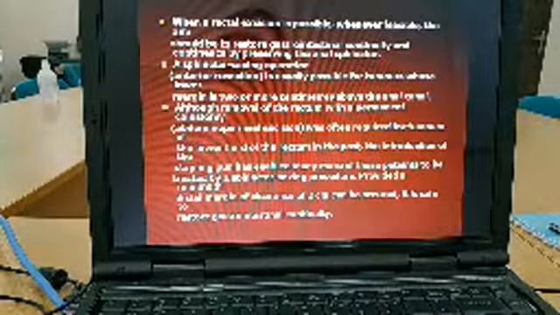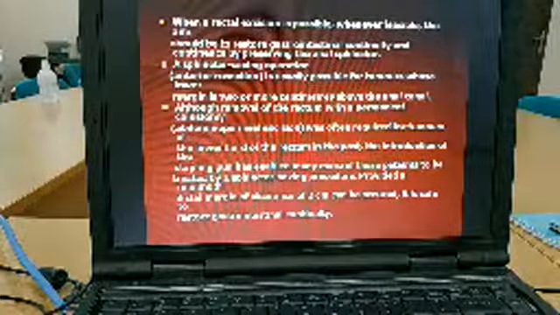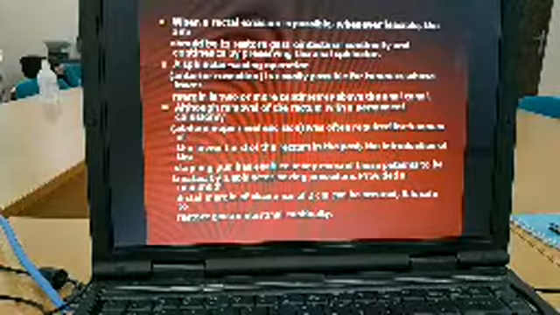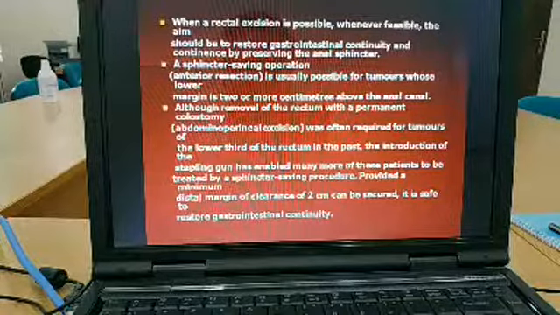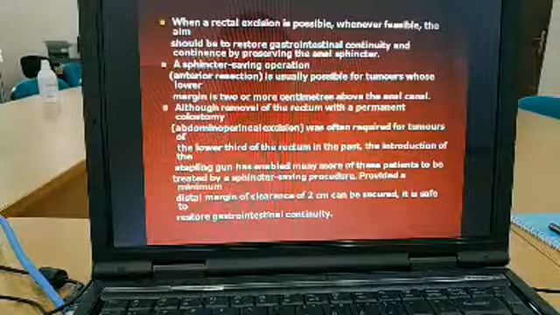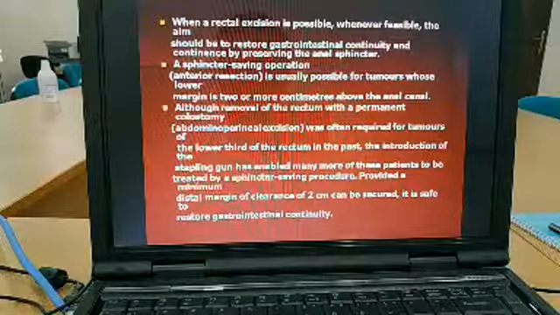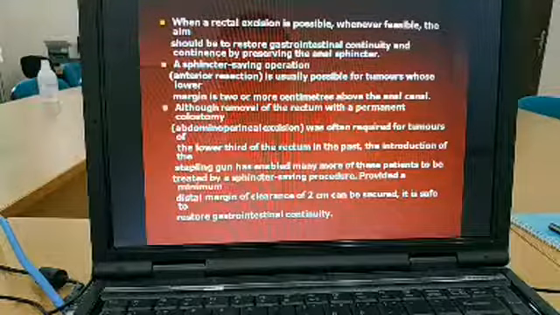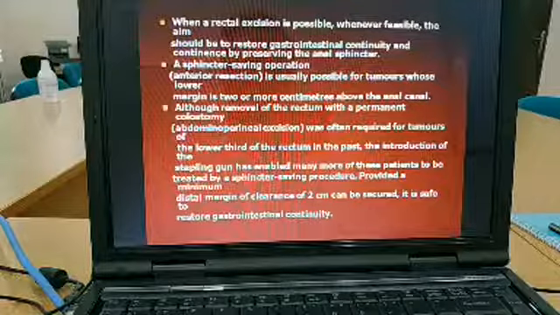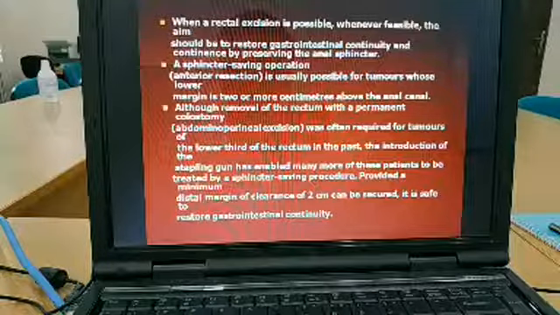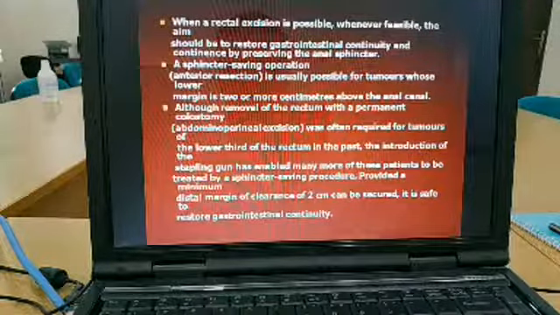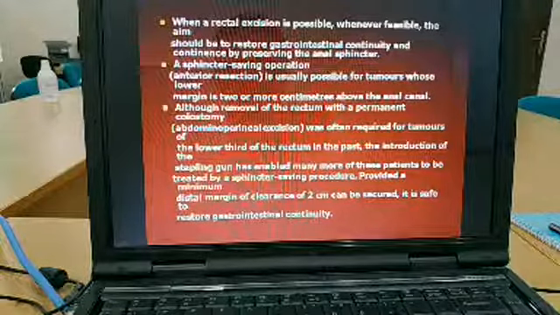It is possible to maintain the anatomical continuity as well as to save the sphincter. And if the tumor is located in the mid rectum or the lower rectum, where a clear safety margin is not possible, then you have to sacrifice the anus and the sphincters. In that case, the patient will need a permanent pelvic colostomy for life.